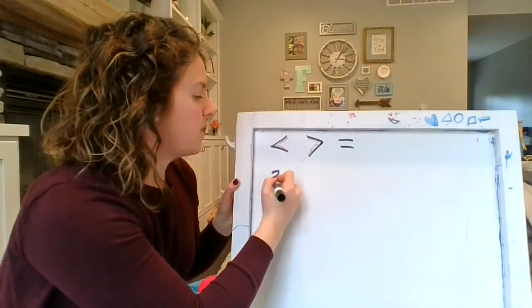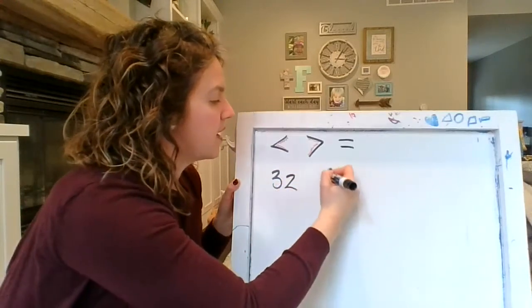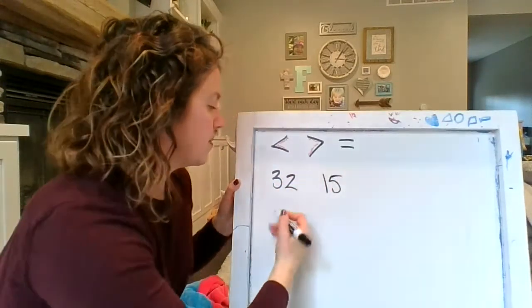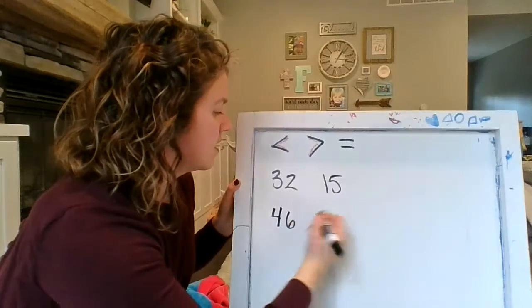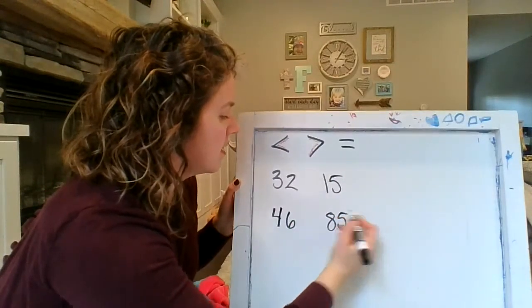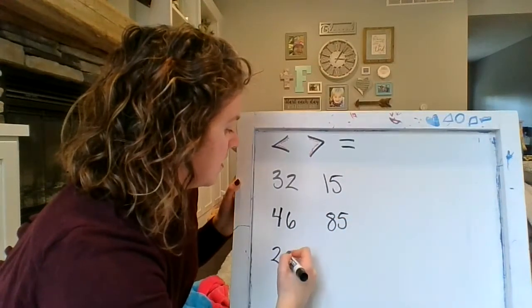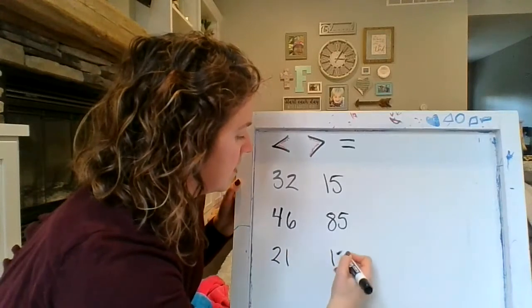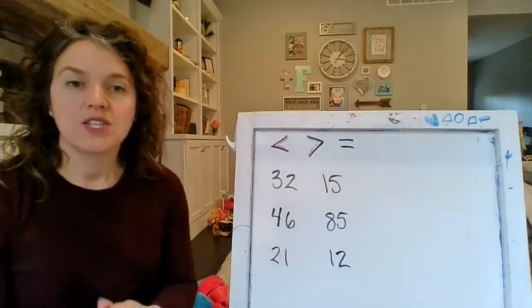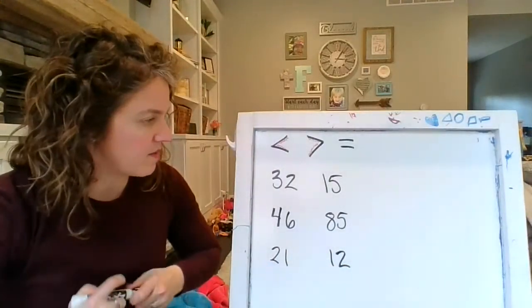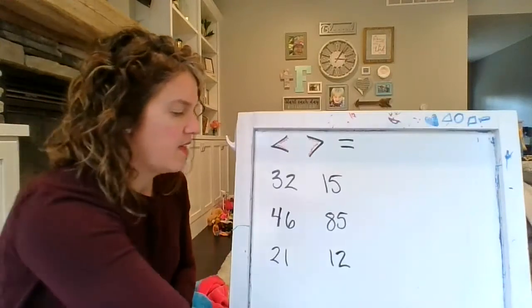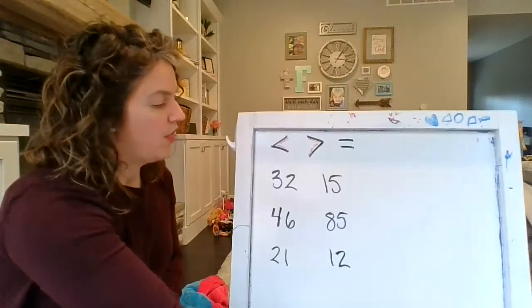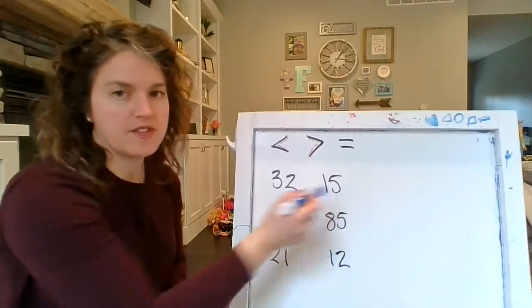All right. So I'm going to go ahead and write down a few numbers here. All right, so let's take a look at these two numbers. We've got 32 and 15.